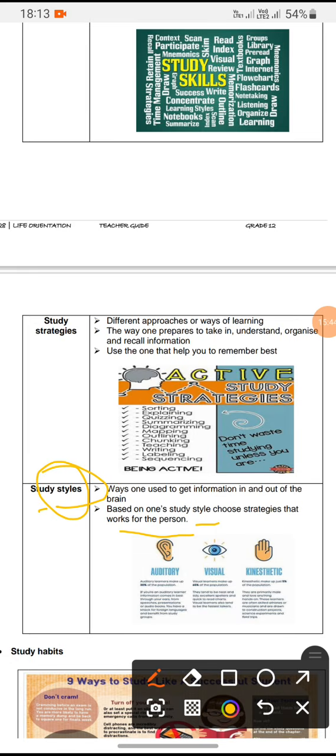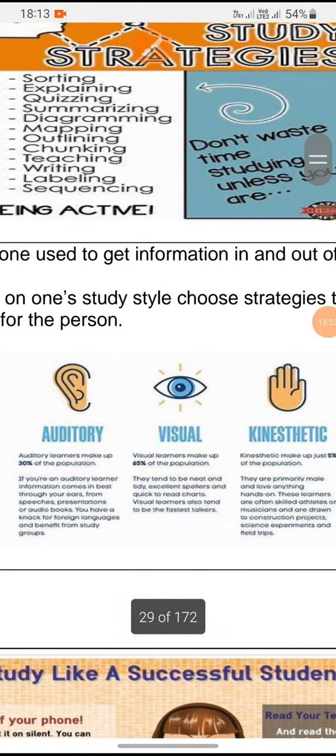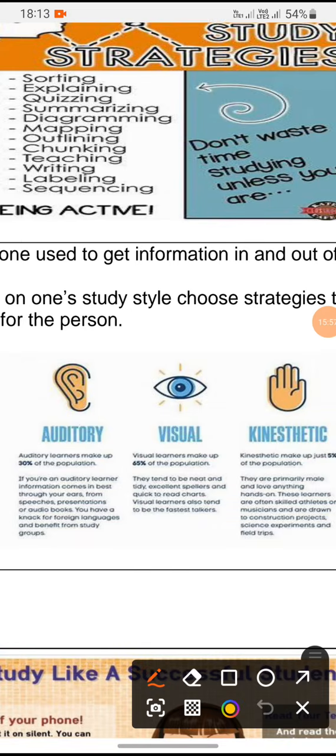So we have your auditory students. These are students that can hear something or music, always putting a headphone or earphone in their ears, acquiring knowledge, singing songs.